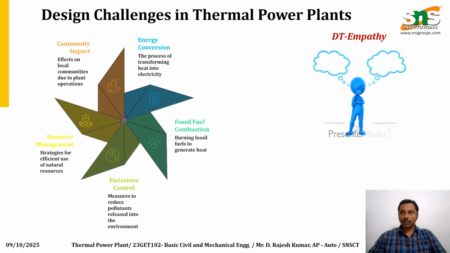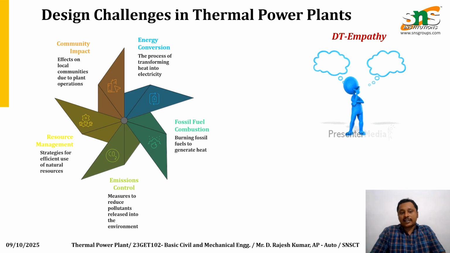So the drinking water can be spoiled and the people can be affected. These kinds of impacts are there while constructing a power plant. Community impact is the major thing because the people should not be affected at any cost.